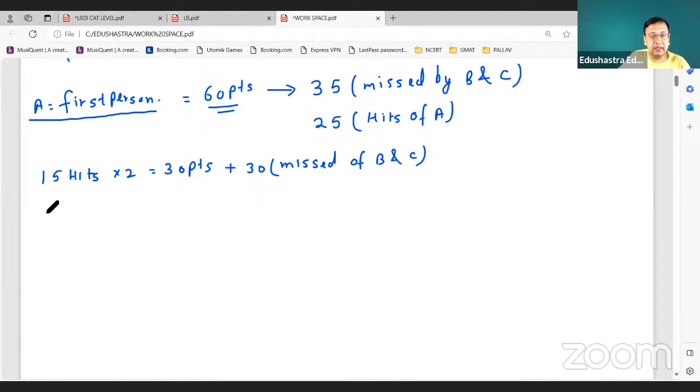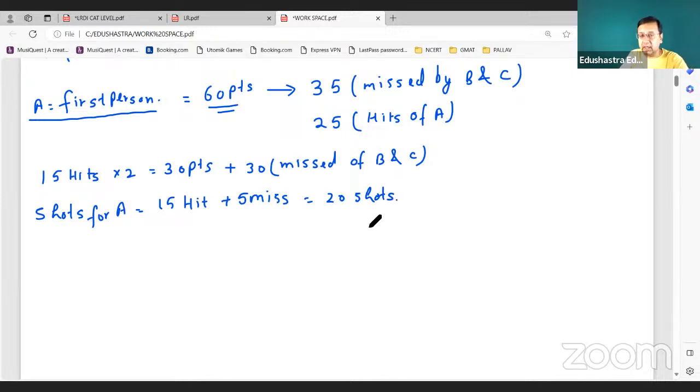So I can say total shots for A are what? 15 are hit, plus 5 are missed. Done. So this means a total of 20 shots.